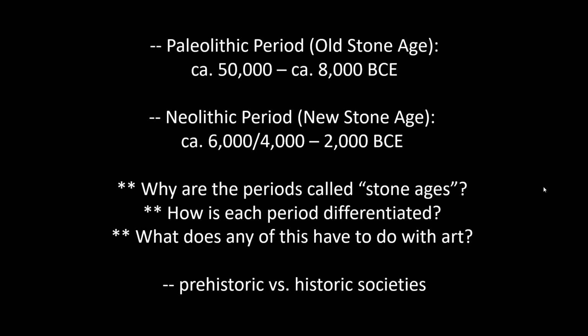Now, what changes between the Paleolithic and Neolithic period is the domestication of crops and the cultivation of animals. Once these two things start to happen, there's no longer a need to be nomadic. You can stay in one place. Your food source is right there. Once people started to stay in one place for longer periods of time, it did make sense to invest the time, the energy, the resources.